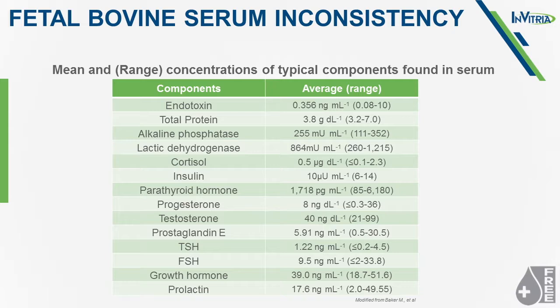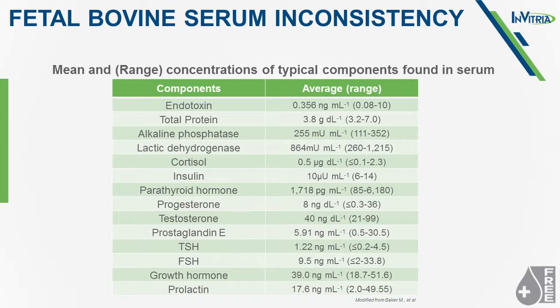So, serum supply aside, the addition of an undefined, highly complex substance such as FBS to extremely sensitive in vitro systems, which is what cell culture is, absolutely presents another issue in terms of the potential for introducing a large degree of variability into the system.